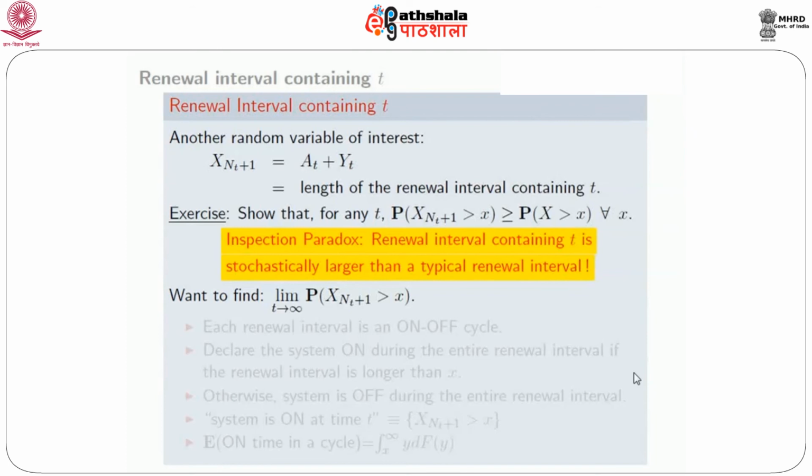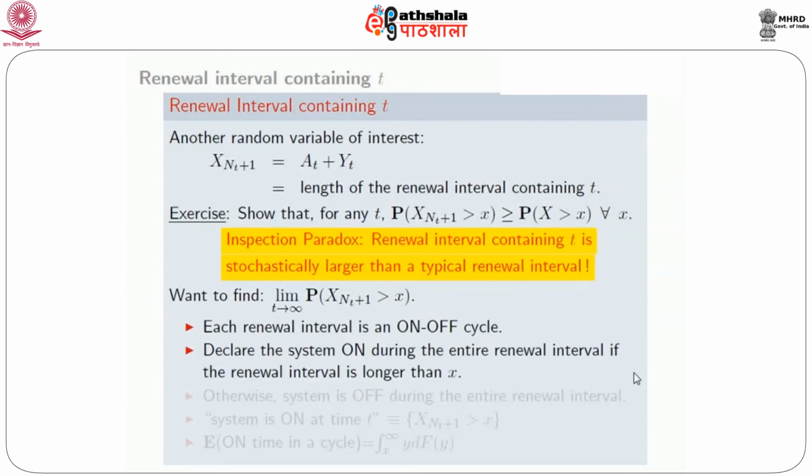Anyway, we want to find the limit as t goes to infinity of the probability that X_{N(t)+1} is greater than x. So again we'll use an alternating renewal process. Each renewal interval is an on-off cycle. Declare the system to be on during the entire renewal interval if the renewal interval is longer than x, otherwise the system is off during the entire renewal interval.